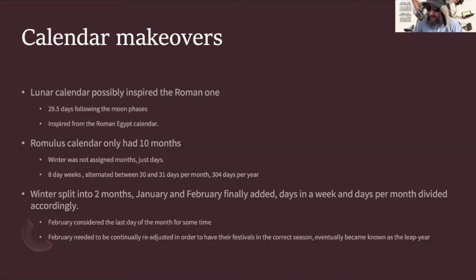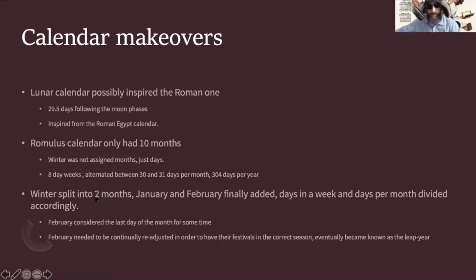It's kind of strange that it would be 29.5. I don't know, I just got these from the internet. I guess the lunar calendar itself was inspired by the Roman and Egyptian calendars.